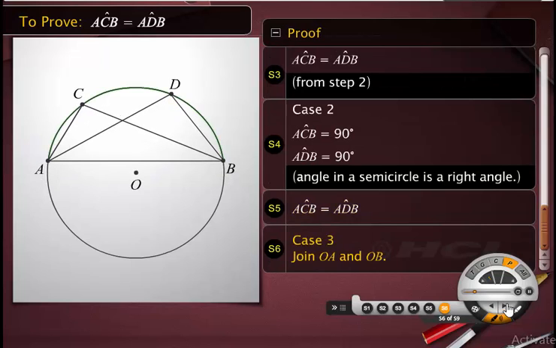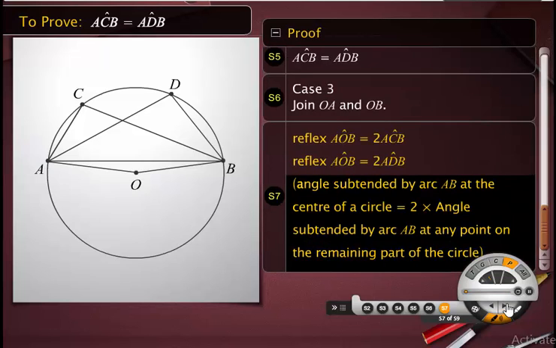Now, let's consider a third case, where ACDB is a minor segment. First, join OA and OB. We know that the angle subtended by arc AB at the center of a circle is twice the angle subtended by arc AB at any point on the remaining part of the circle. Therefore, reflex angle AOB is twice angle ACB.